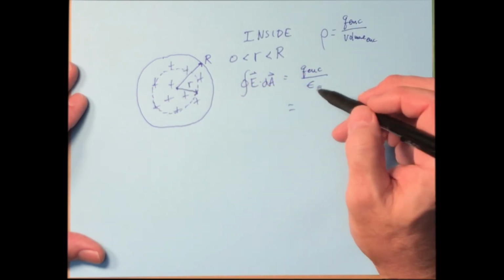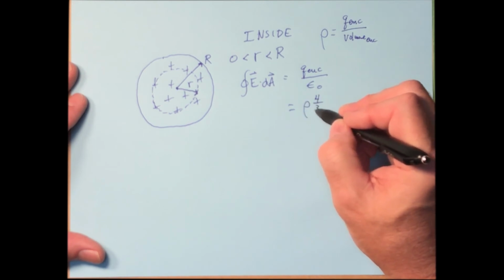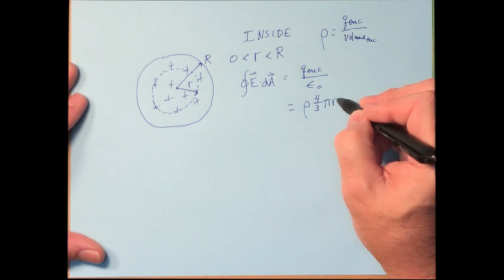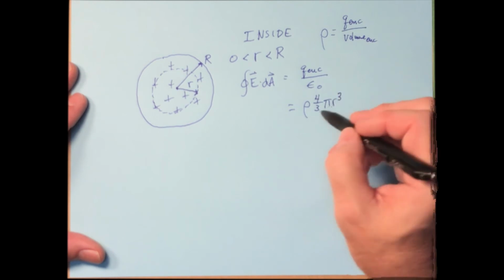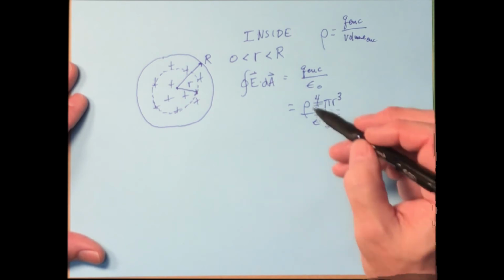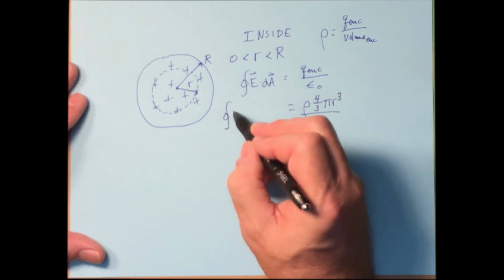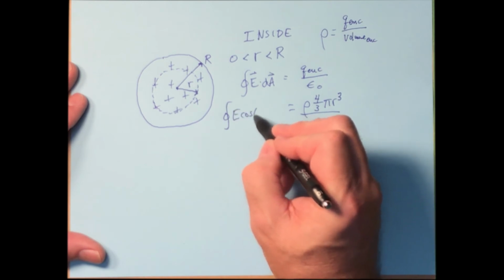So the amount of charge that's enclosed is going to be rho times the volume, this time, of our Gaussian surface, divided by epsilon naught. So now let's do the left-hand portion, closed integral, E cosine theta dA.